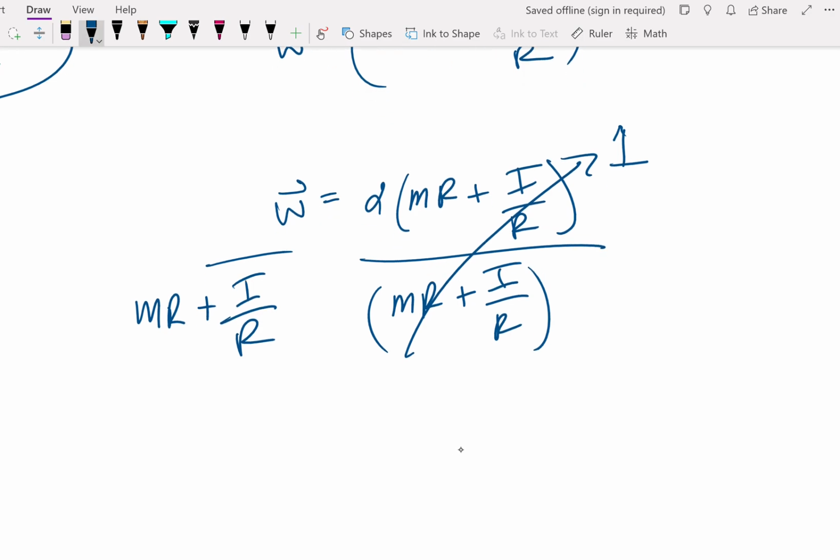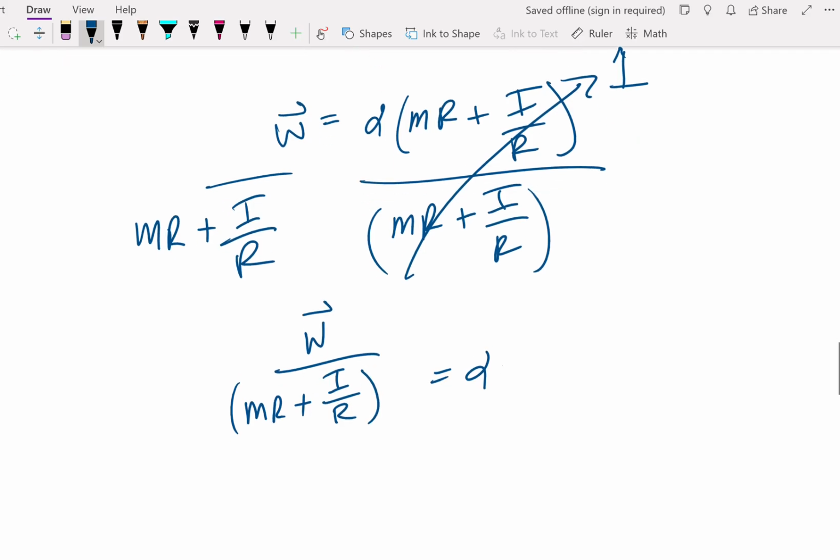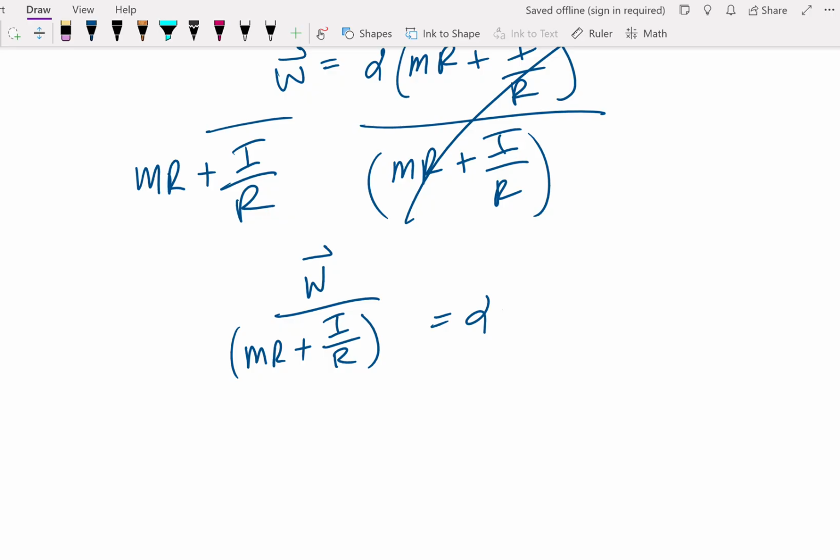So alpha is equal to the weight divided by the mass times the radius plus the inertia divided by the radius. I like my alpha on the left. Alpha is equal to the weight, and the weight is mass times gravity, divided by mass times the radius plus the inertia divided by the radius.